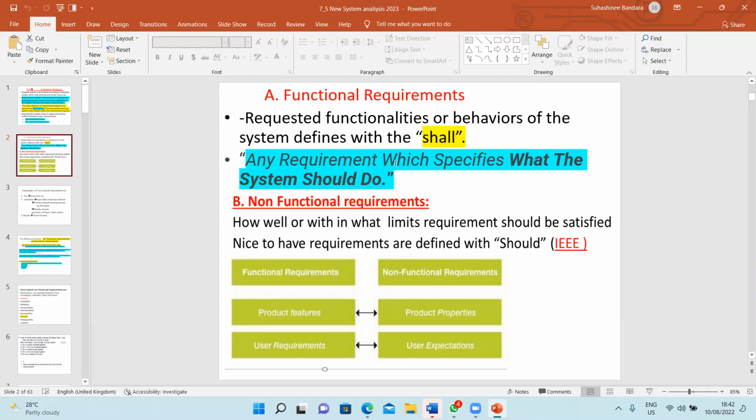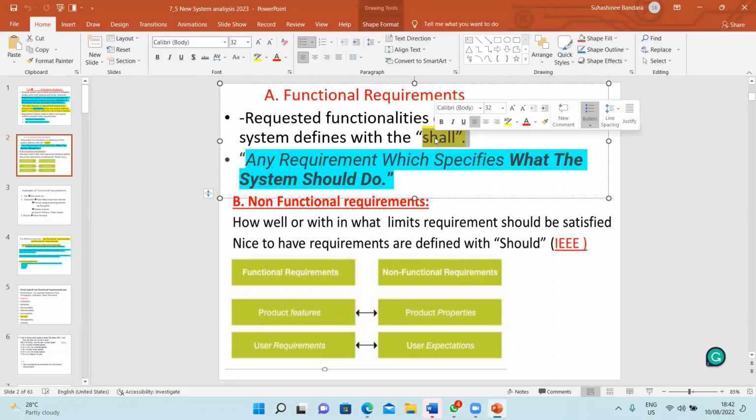Normally in the IEEE standard, shall should be there, but for our exam they are interchanging shall and should. Therefore, don't fixate only on shall and should. You had better identify what the system should do, that is, what the main functional requirements of the system are.